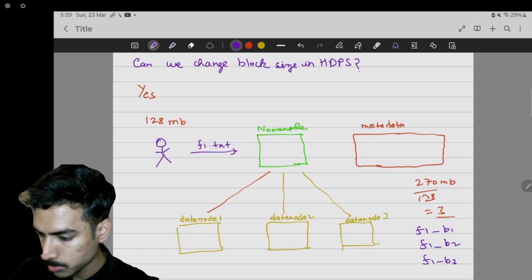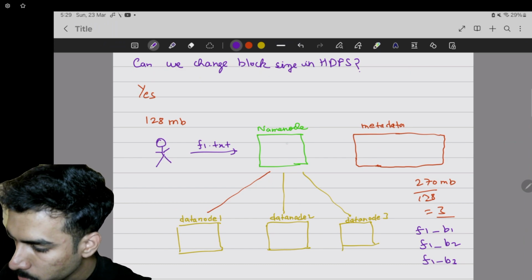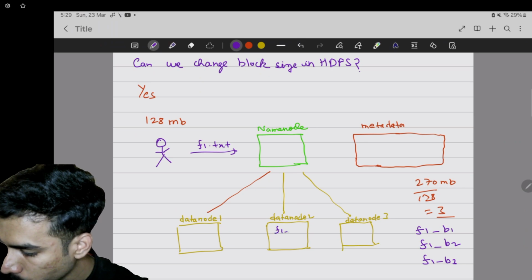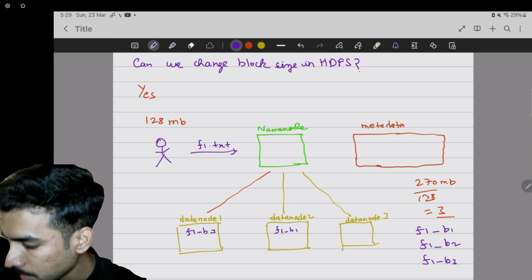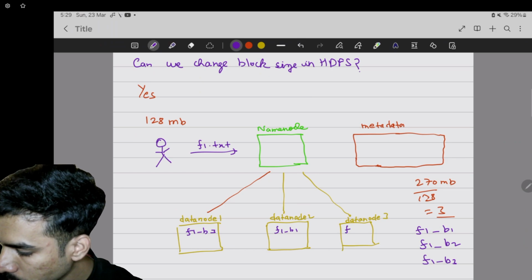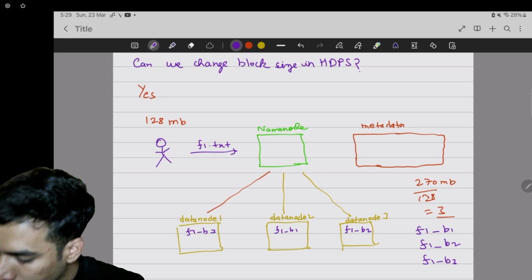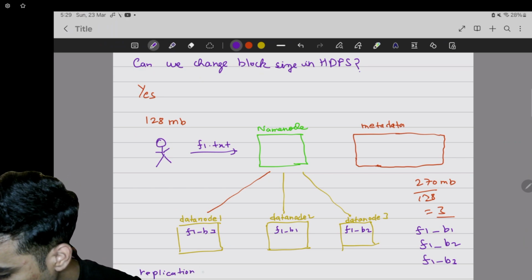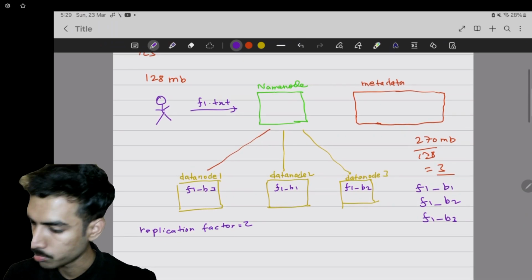So the name node directs f1_b1 to, let's say, data node 2, f1_b3 to data node 1, and f1_b2 to data node 3. And the replication factor is, let's say, 2.